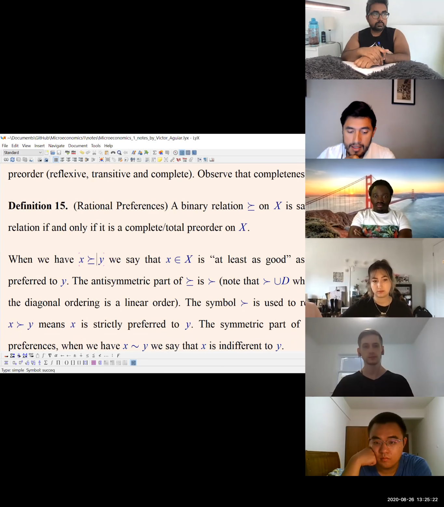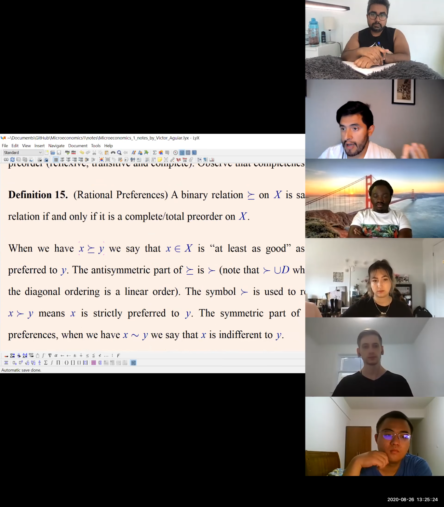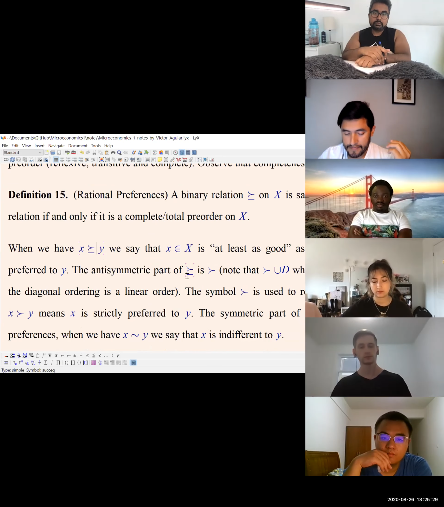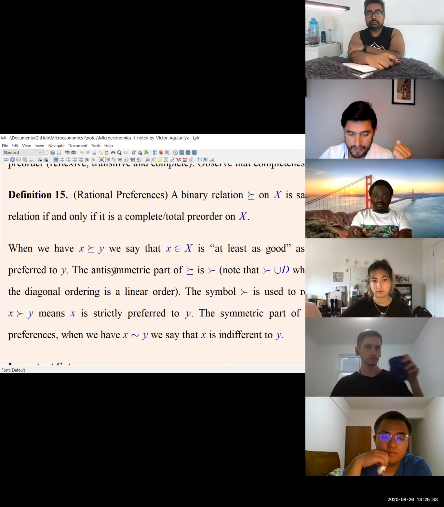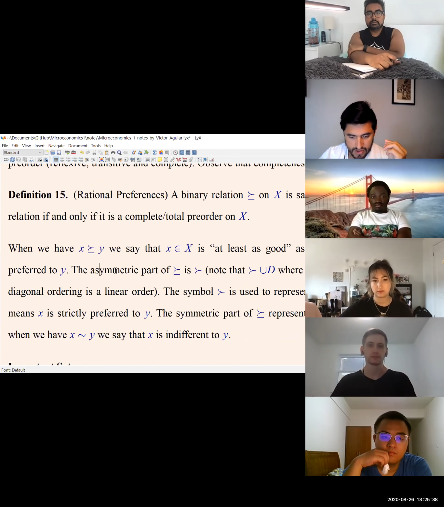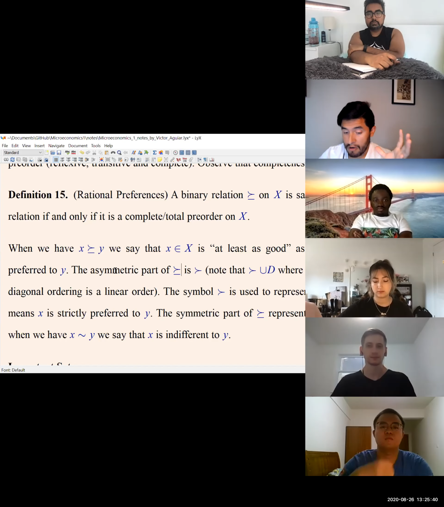Now, any preference relation happens to have two parts. The first part is the asymmetric part, not the antisymmetric part, though the name is almost the same. The asymmetric part of this preference relation is this symbol that doesn't have the squiggle at the bottom, and it is defined as the strict part of the preference order.